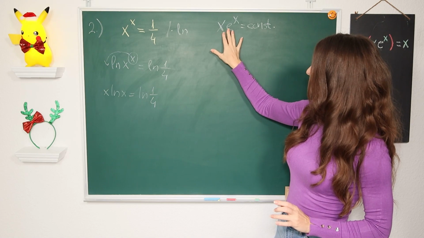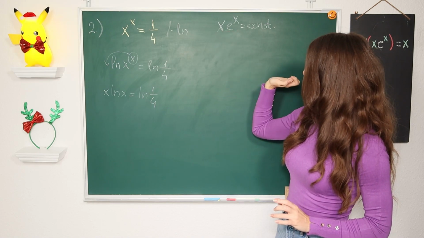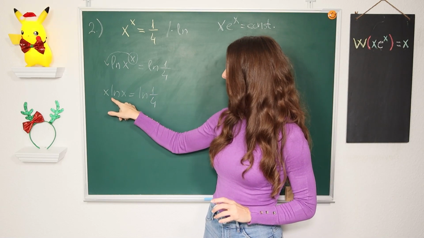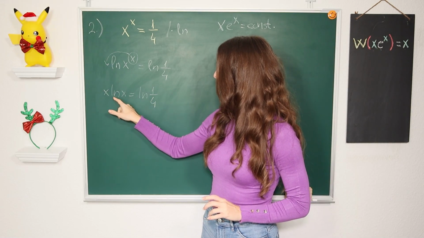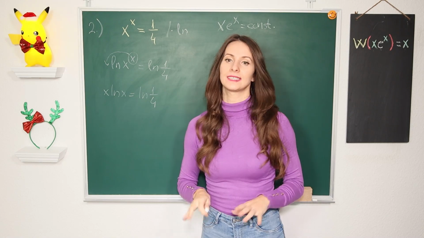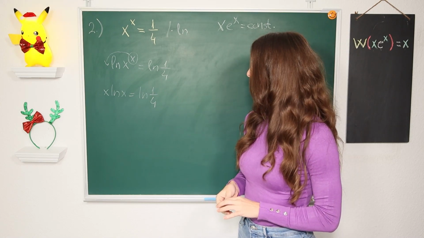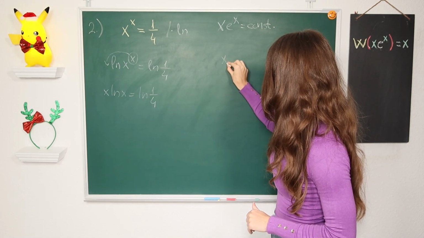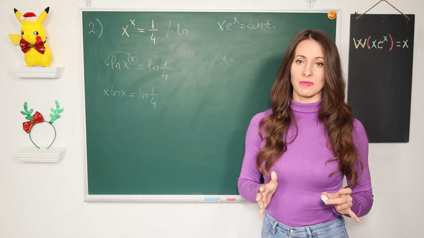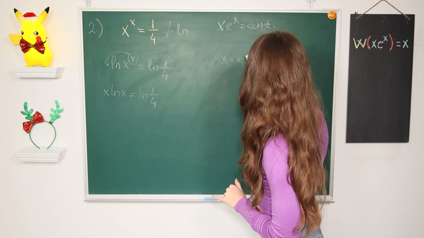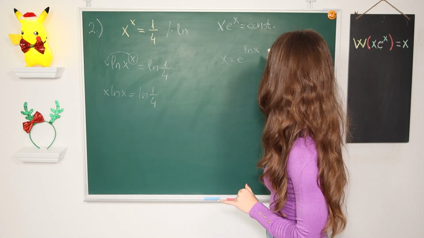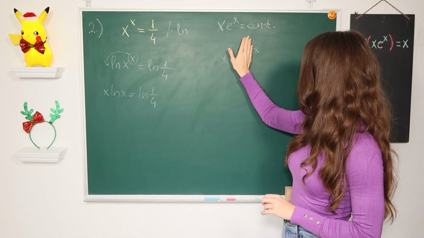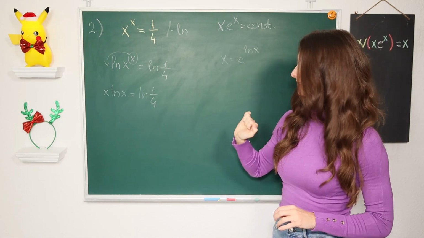We have something similar to this, but we don't have exactly this here. We don't have e, we need our e, and we have to have the same variable in the base and in the exponent. Okay, what should we do? Please note this x here is the same as e to the ln of x, so you can cancel this e and this ln and you will get just x.